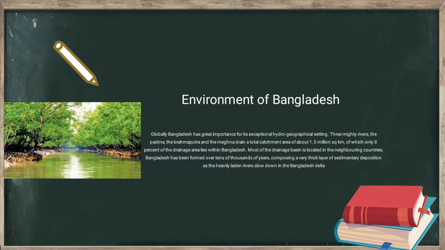The government of Bangladesh has been actively participating in protecting the country's environment through the Department of Environment. The Department of Environment also introduced some laws to save the environment, but people don't follow those rules and it causes damage to the environment. That's all for today.